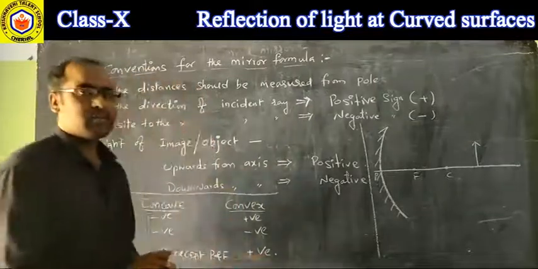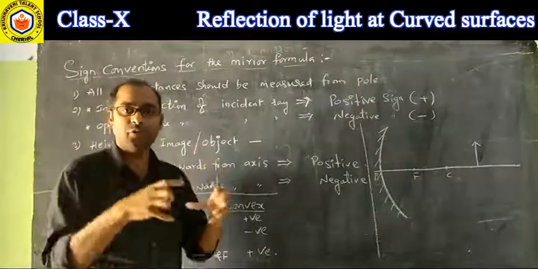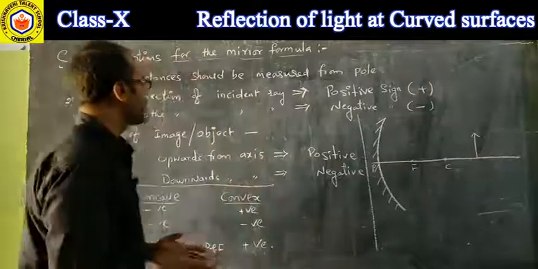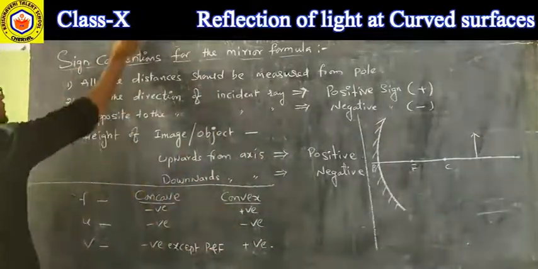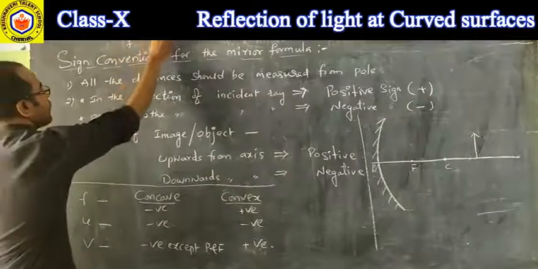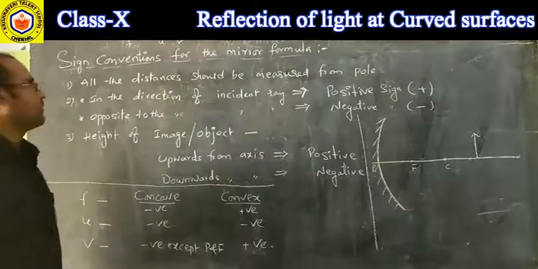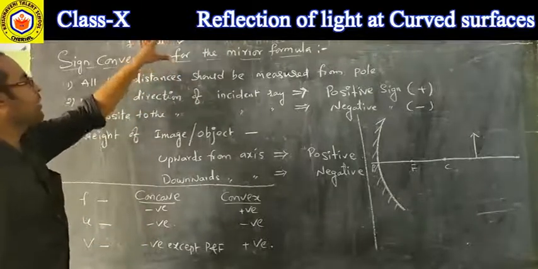While using the mirror formula, every time we have to use some sign conventions. The mirror formula is 1/f = 1/u + 1/v, or else 1/v + 1/u, there is no difference. For this we have to use signs, positive or negative.